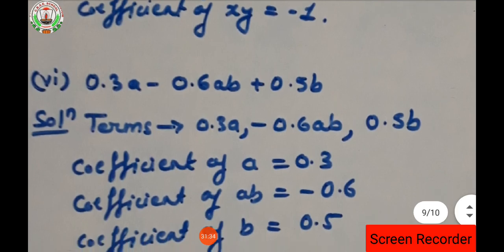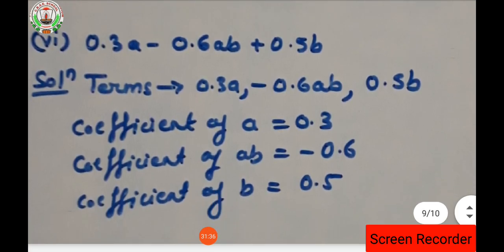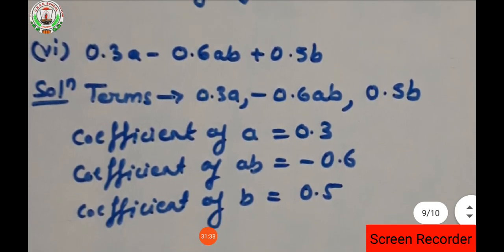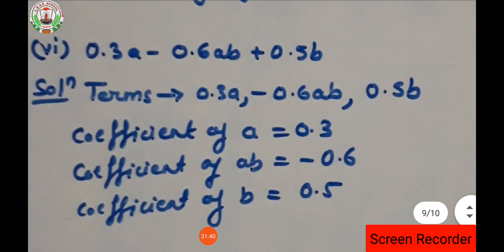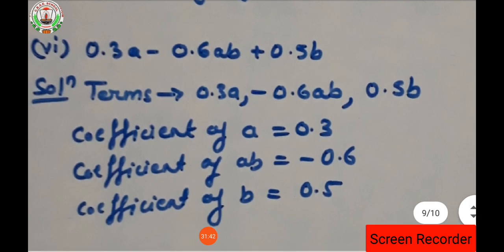Then the last part is about decimals. So how many terms are there? 3 terms are there. First term is 0.3a, second term is minus 0.6ab, third term is 0.5b. Now the coefficient of a is 0.3, the coefficient of ab is minus 0.6, and the coefficient of b is 0.5.